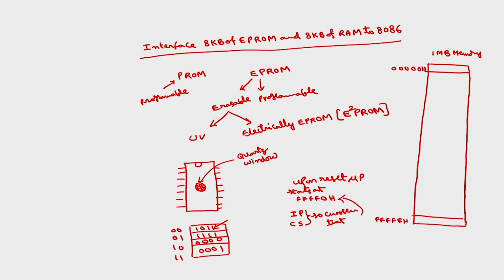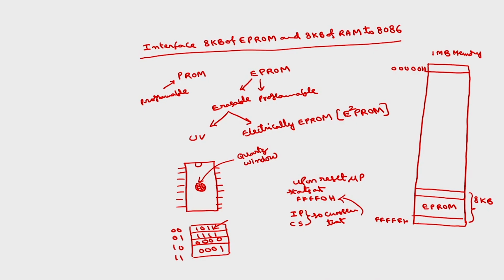That is why normally the last portion of the memory has to be used for EPROM. So here I am using the last 8 kilobytes of this for EPROM. This is 8 kilobytes, this is for EPROM, and the last address is FFFFFH.